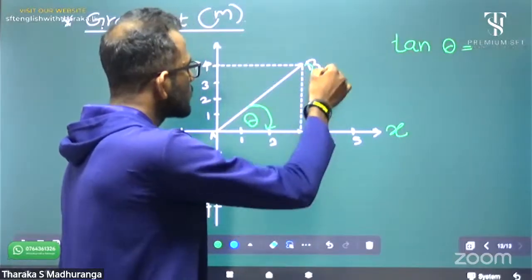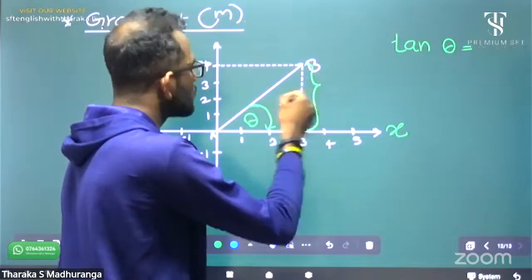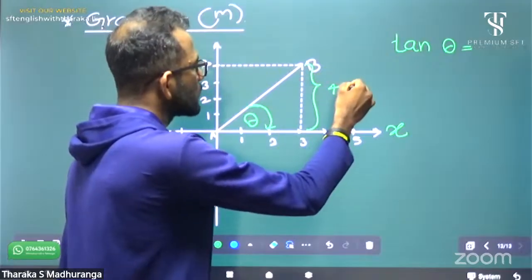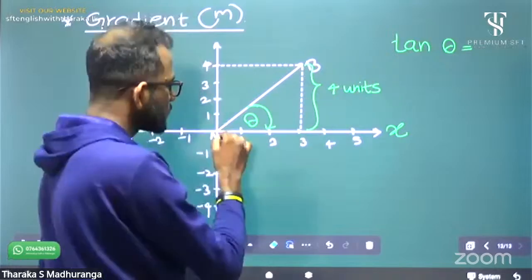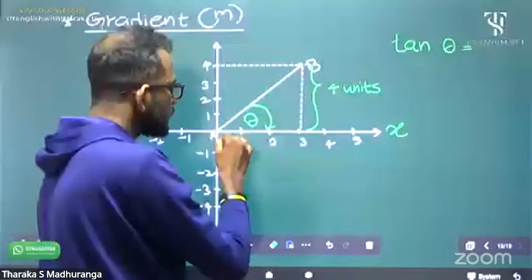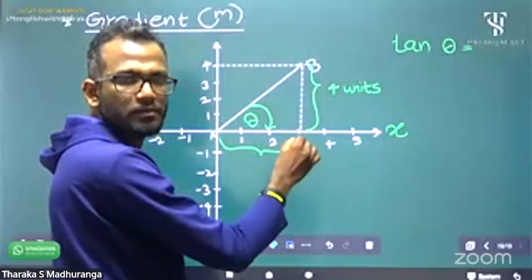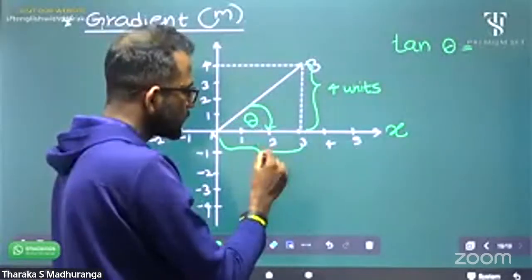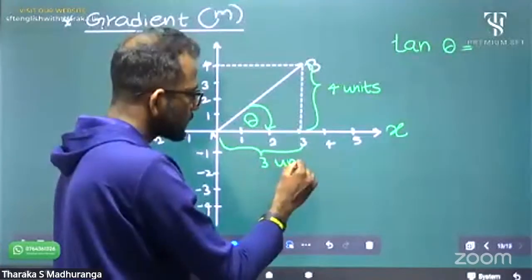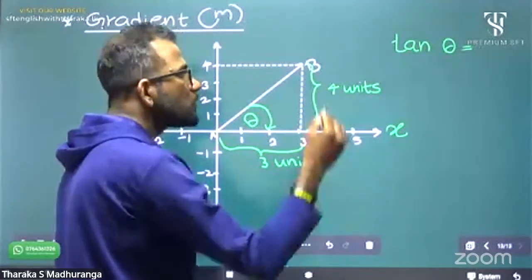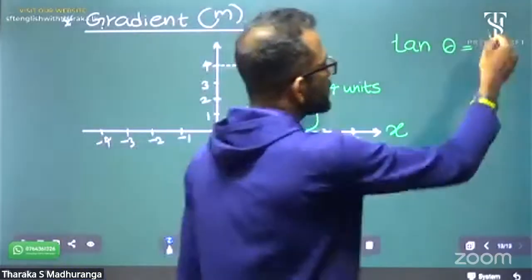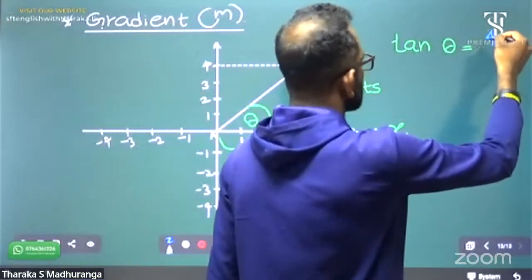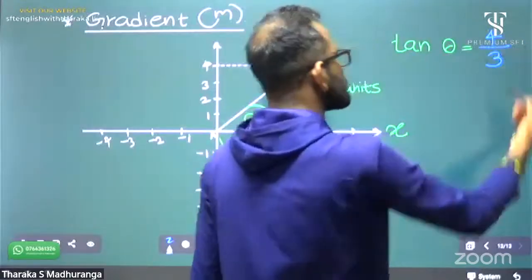One, two, three, four, five units. Sorry, 4 units. That's the most important part. For the adjacent side, how many units? 3, right? 3 units. Now tan theta equals opposite over adjacent, which means opposite 4, adjacent 3.